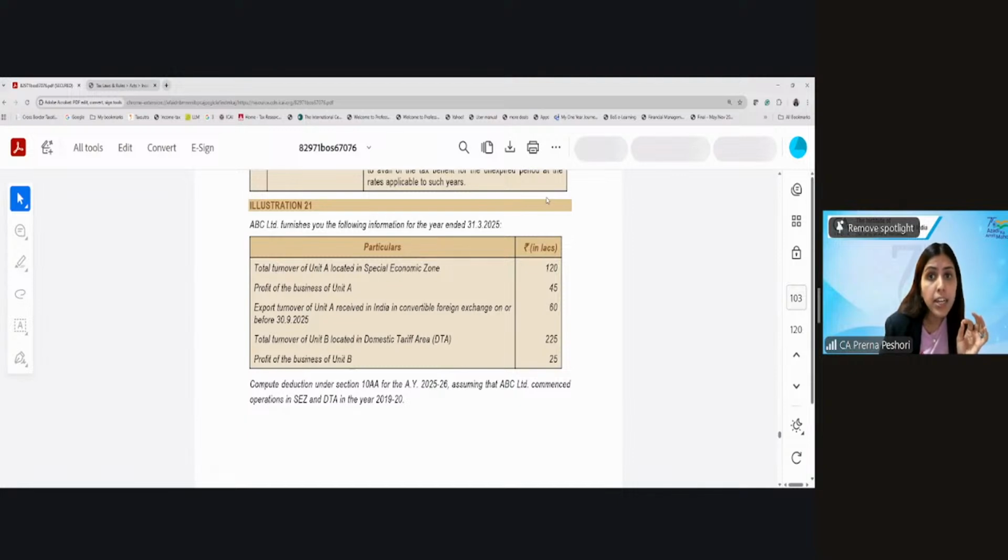Now, if I introduce one particular adjustment, that the export turnover includes the freight charges of, let's say, 10 lakh rupees, what would you do?